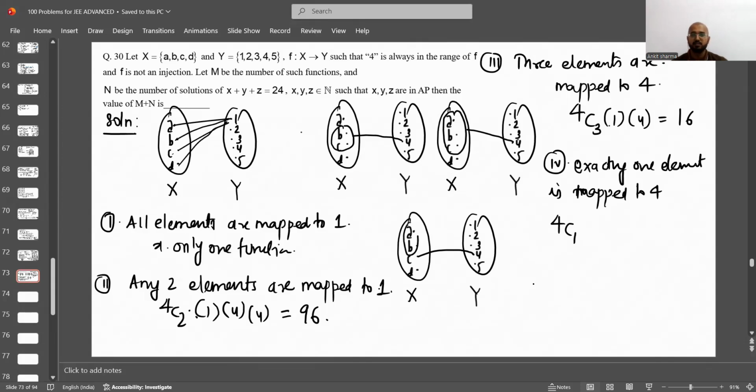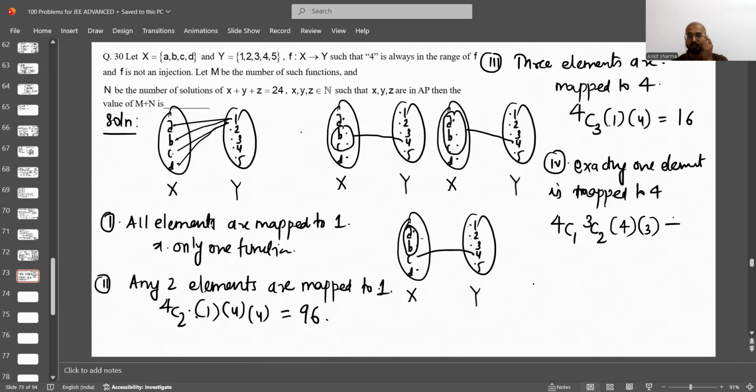These 2 elements I can map to 1, 2, 3, or 5, so they have 4 choices. Then one more element is pending, which has only 3 choices. So this task is done now.